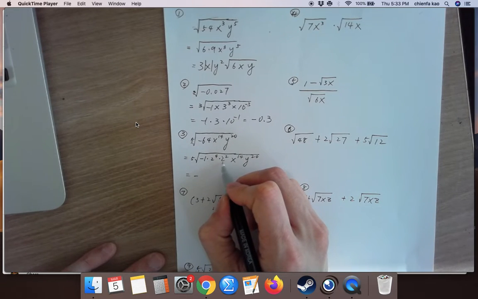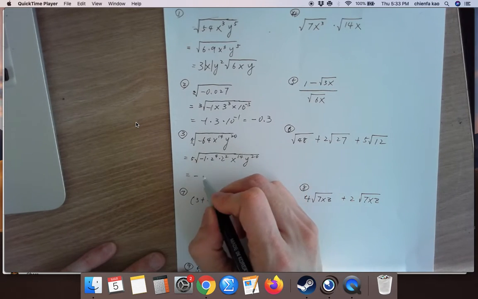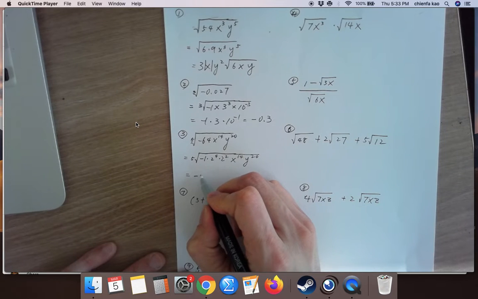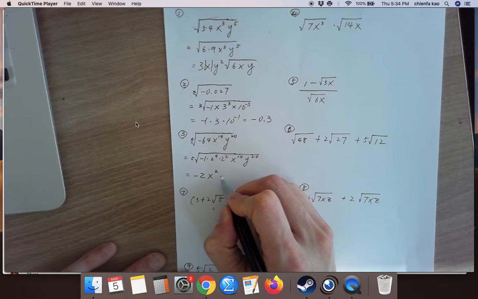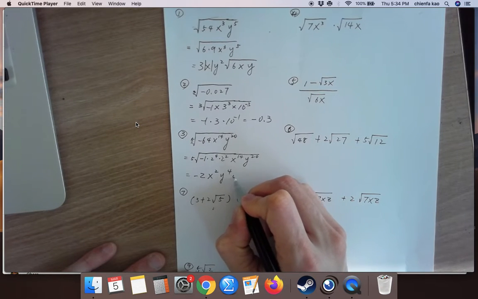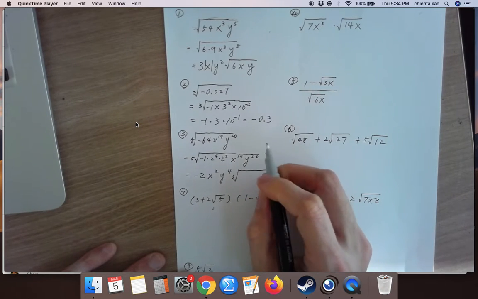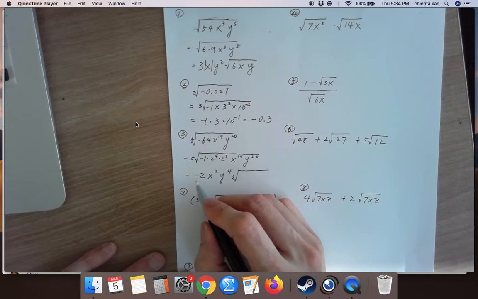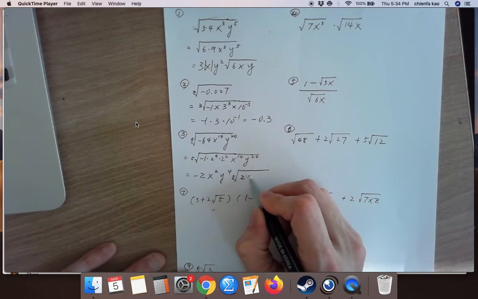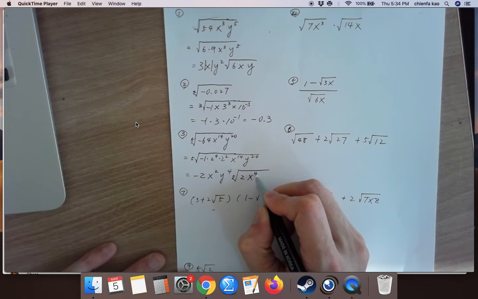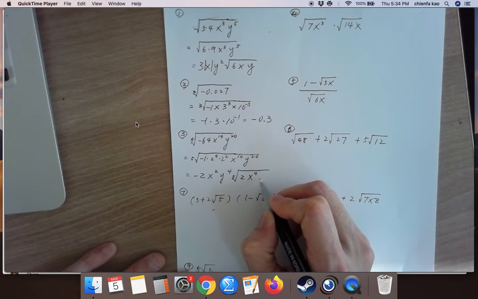Oh, okay. So negative 2 x squared y to the 4th, fifth root. So we left the 2 on the inside. X to the 4th. I think that's it.